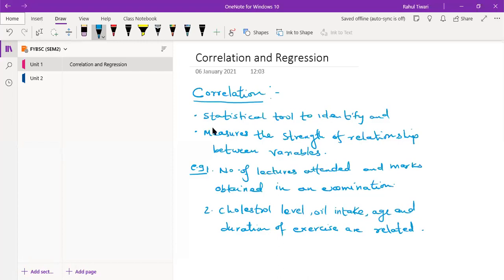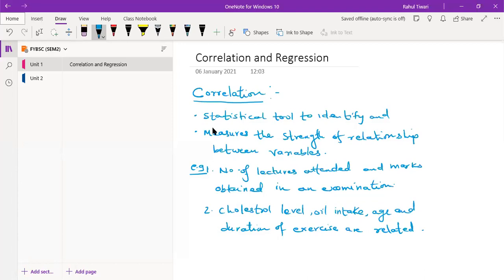Can you get a relation between how much you exercise per day and your cholesterol level or your age? There is some relation between these. If you exercise regularly, you become fit, and if you become fit, then your cholesterol level will be very low, right? One can get more understanding about these variables. It's called correlation.